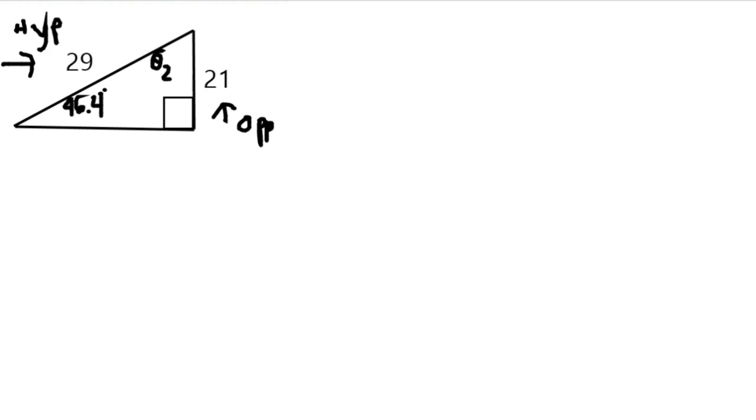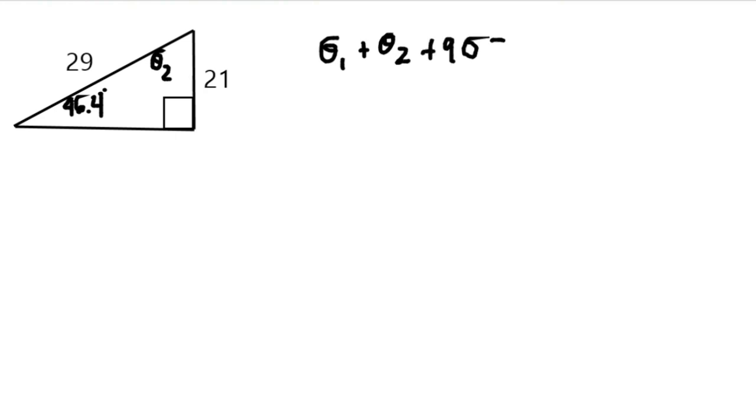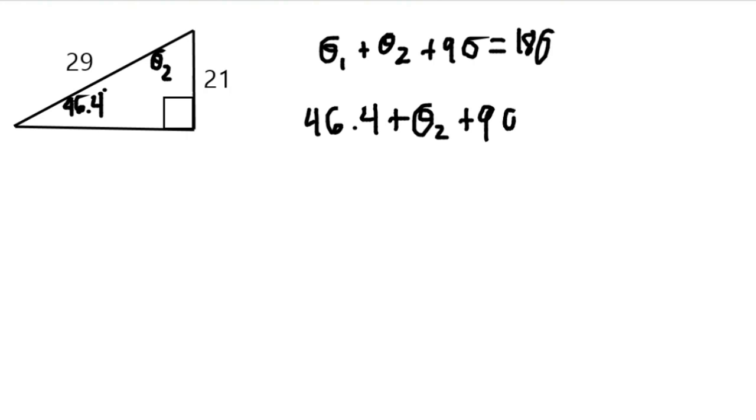Okay. Now let's try theta 2. How do we solve this? So we all know the sum of all angles in the triangle is going to be 180. So theta 1 plus theta 2 plus 90 equals 180. We know the value of theta 1, which we calculated earlier. So we got 46.4 degrees plus theta 2 plus 90 is equal to 180.